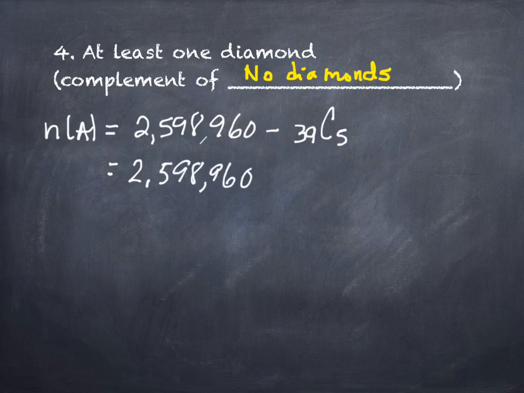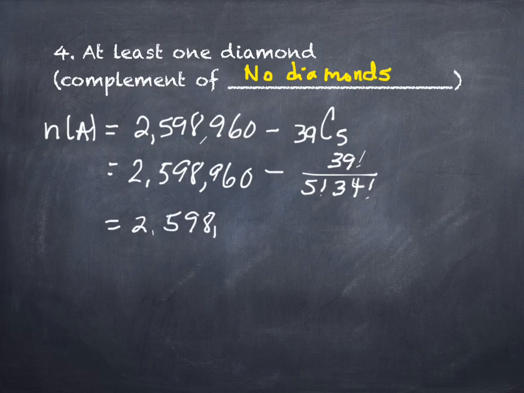All right. So I have my 2,598,960. What does 39 C 5 look like? What goes on top? 39 factorial. Thank you. What goes on bottom? 5 and 34. So how far will I write this out? 34, thank you.